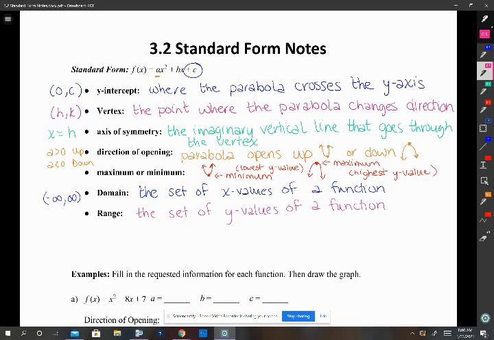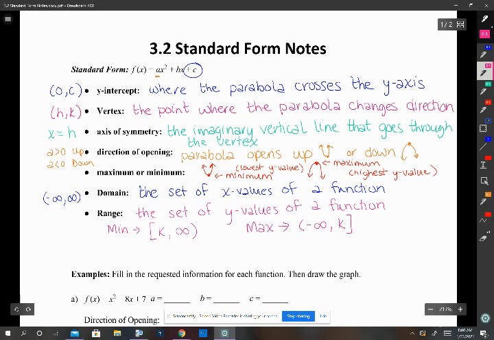So if it has a minimum, then your range is going to be from the k value of your vertex up to infinity. If it's a max, then your parabola goes down, so it's going to go from negative infinity up to your k value.